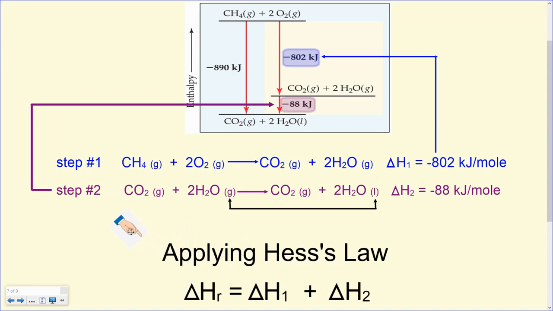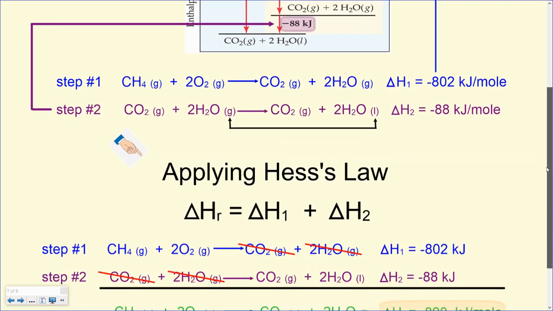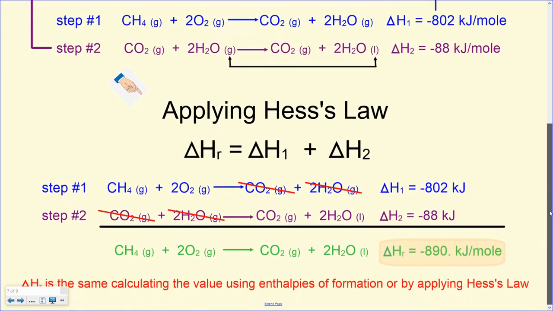So this is going to bring back something else we worked on earlier this year, and that is where we add equations. We did this when we worked with equilibrium expressions. So here's how Hess's Law ties into enthalpy. There's step 1 from the reaction shown up here, and then here's step 2 in the combustion of methane.